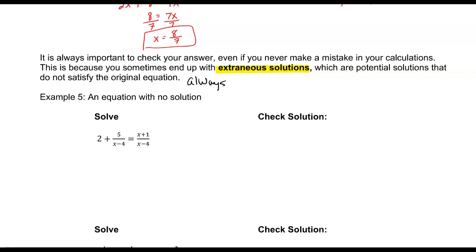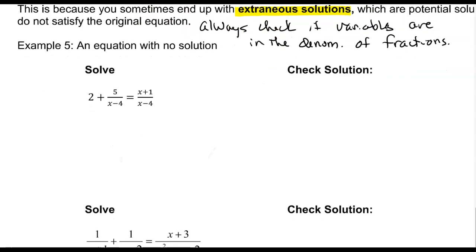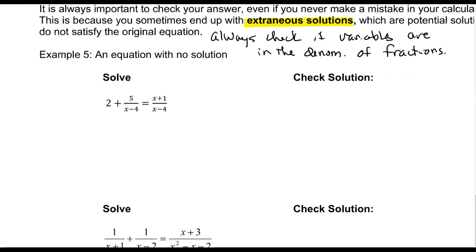Always check if variables are in the denominator of fractions. Because if you don't, you are going to miss solutions. What? Yeah. All right. So let's look at this first one.